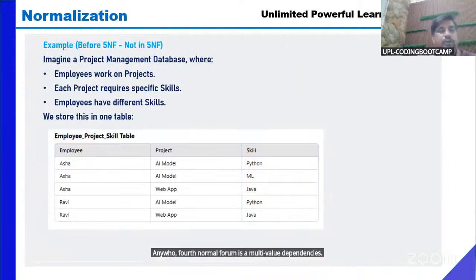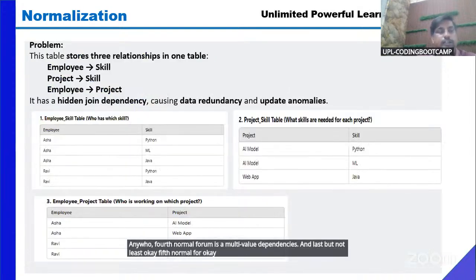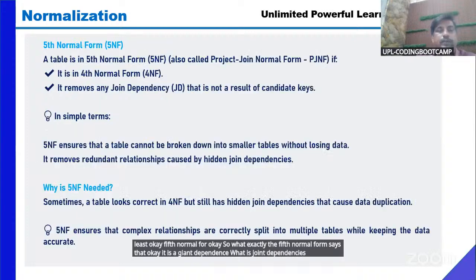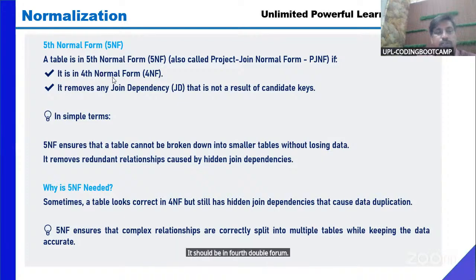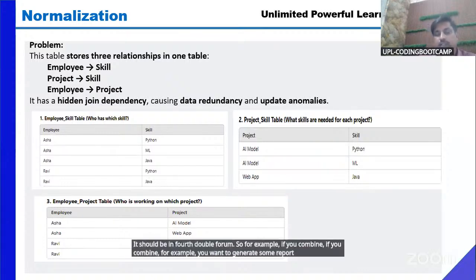And last but not least, fifth normal form. It says it is about join dependency. It should be in fourth normal form. For example, you want to generate some report, you have X, Y, Z tables.